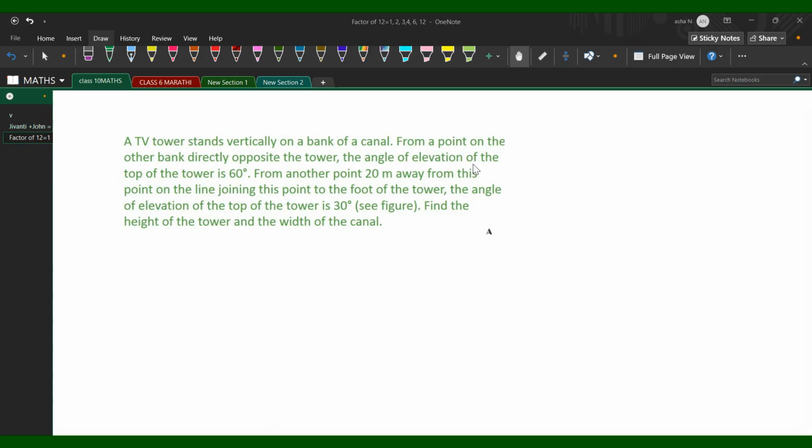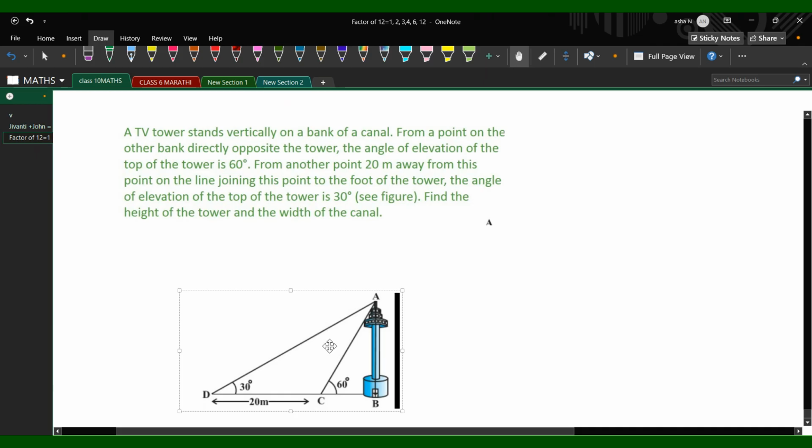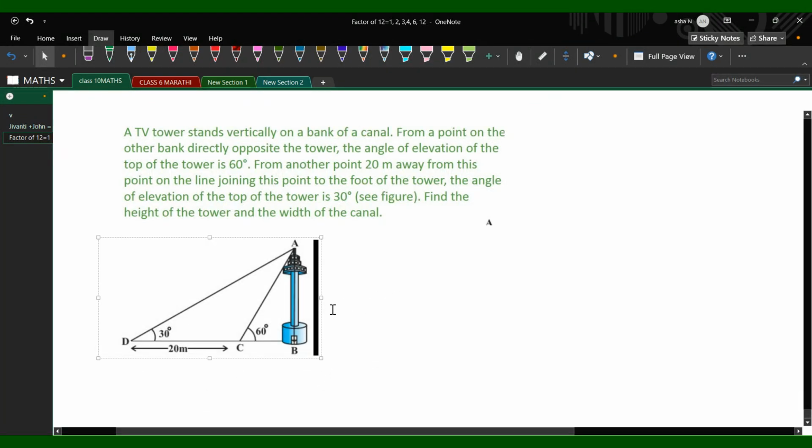And from another point 20 meters away from the point, on the line joining this point to the foot of the tower, the angle of elevation of the top of the tower is 30 degrees. There is a diagram which is given. Find the height of the tower and the width of the canal. Width of the canal, yes. Height of the tower and the width of the canal.